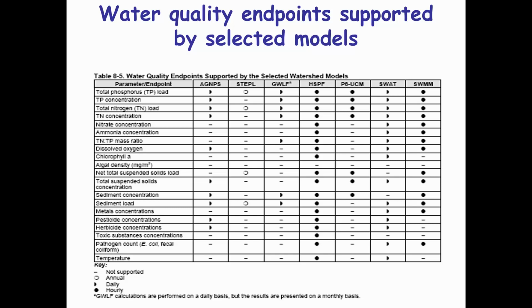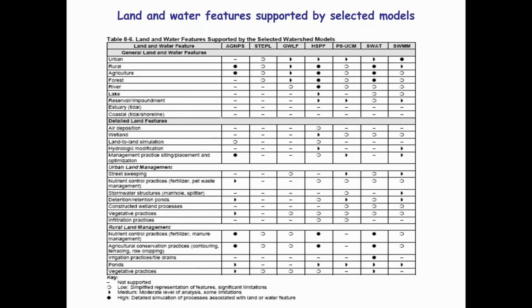SWMM is used more for urban or suburban areas, but you can see that these models do provide many of the water quality parameters that are of interest. The HSPF model, for instance, does output for most of these parameters. SWAT does that, but does it more on a daily time step, whereas HSPF does it on an hourly time step.